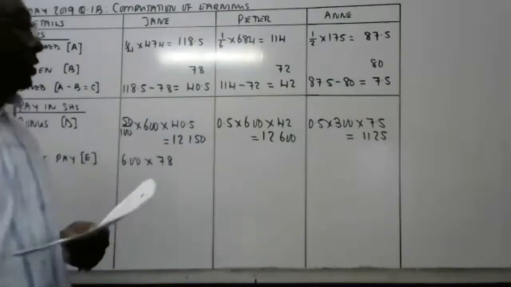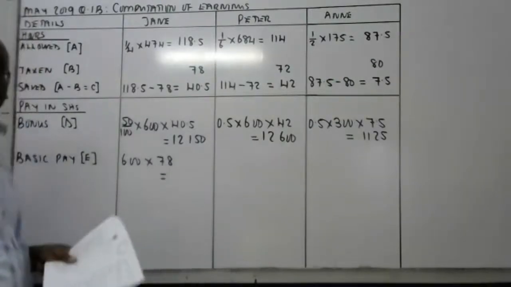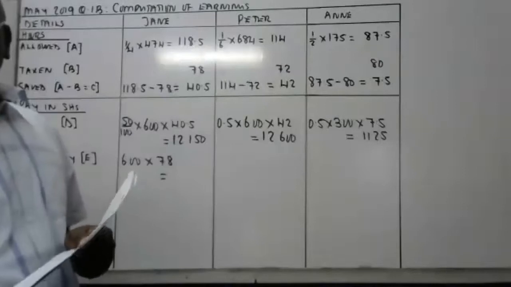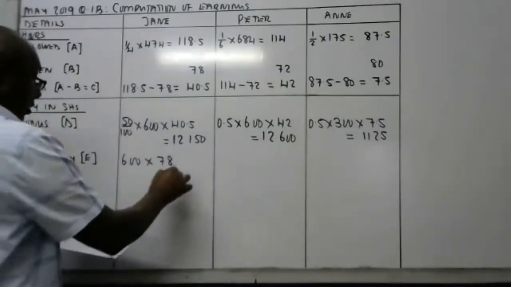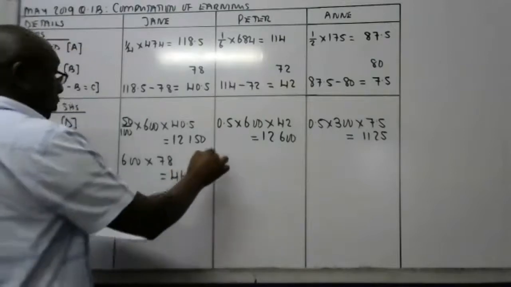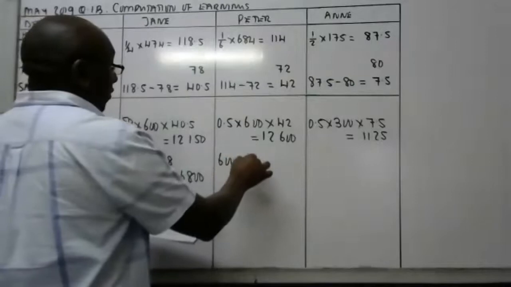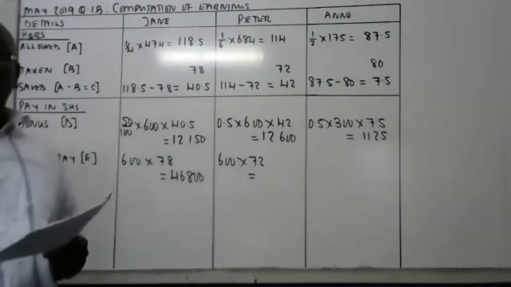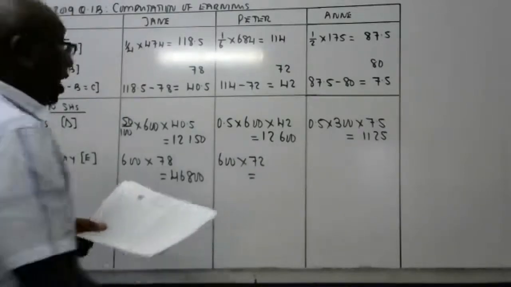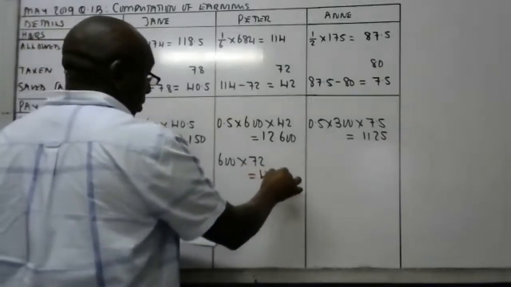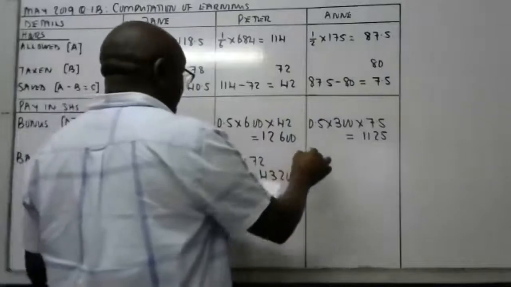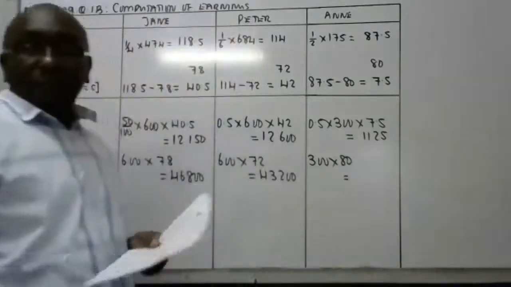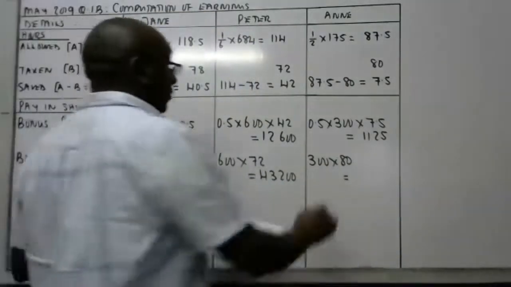So 600 times 78 is 46,800. 600 times 72 is 43,200. Then 300 times 80 is 24,000.